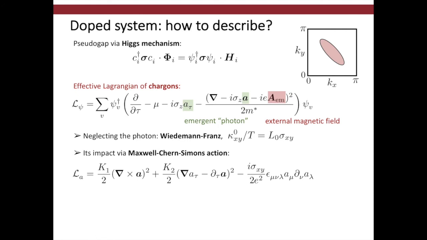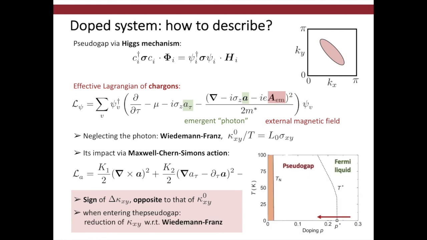To cut a long story short, the most important result is that the additional contribution to kappa xy coming from the gauge field has the opposite sign of the Wiedemann-Franz part. This means that when entering the pseudogap phase from the Fermi liquid, an additional contribution is expected to arise that reduces kappa xy from its Wiedemann-Franz value.